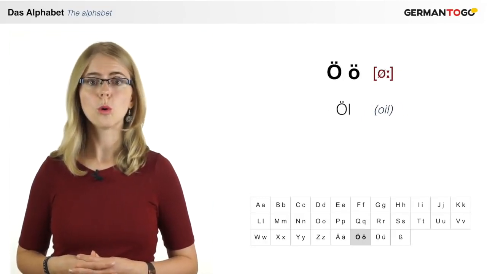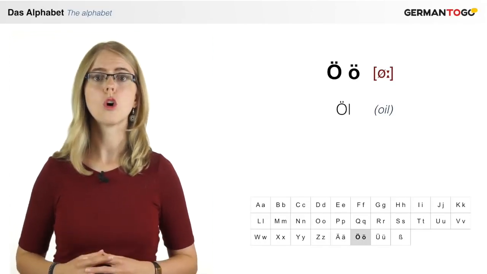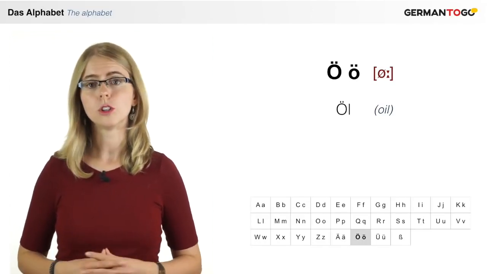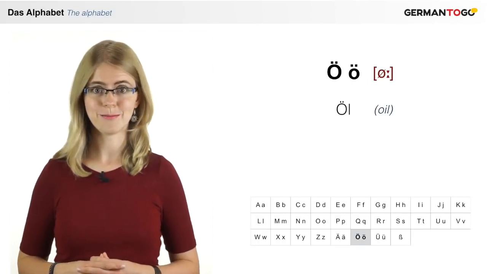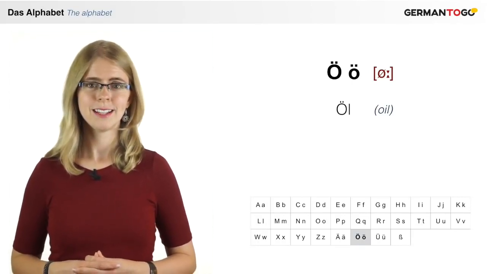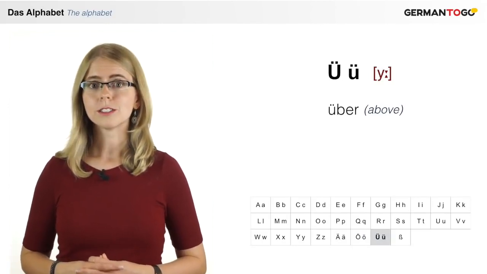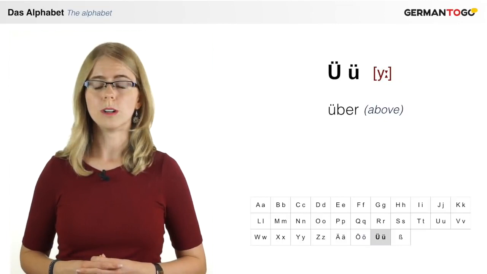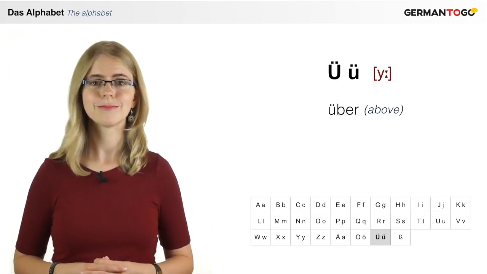And the O umlaut is an Ö. Not O, but Ö, as in Öl. And the U umlaut is not a U, but an Ü. Ü. Über.